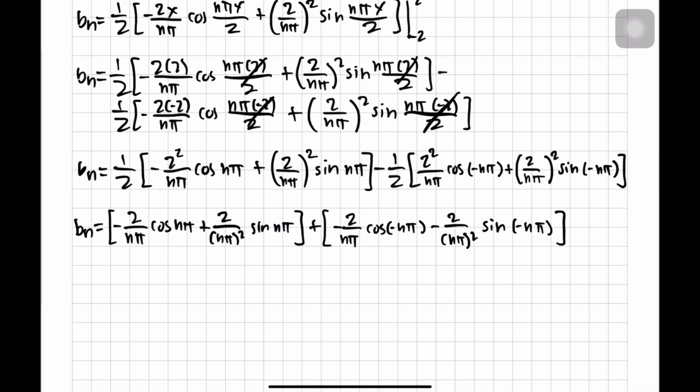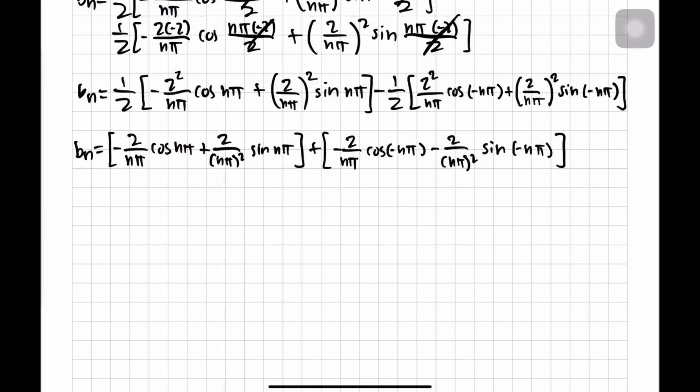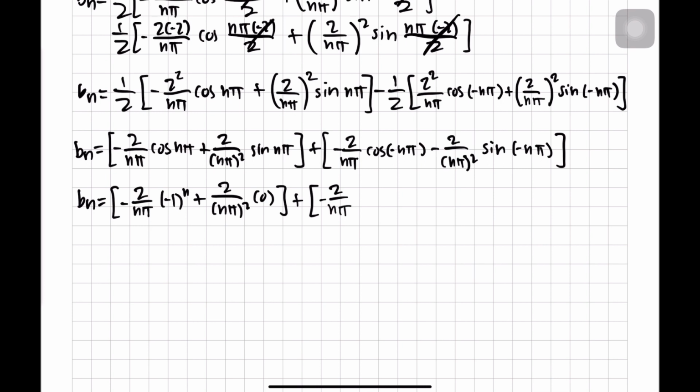Okay, so from the previous step, if it's cosine, it is negative 1 over n, and if it is sine, automatically 0. Negative 2 n pi cosine, that's negative 1 over n, plus 2 n pi squared sine 0, plus negative 2 n pi, that's cosine negative 1 over n, minus 2 n pi squared, and sine, we have 0.